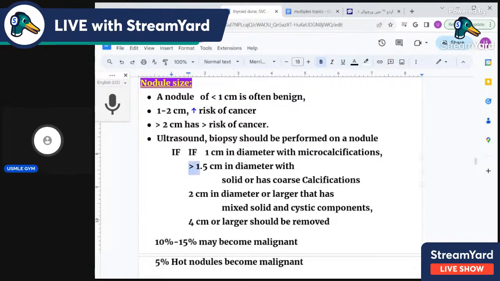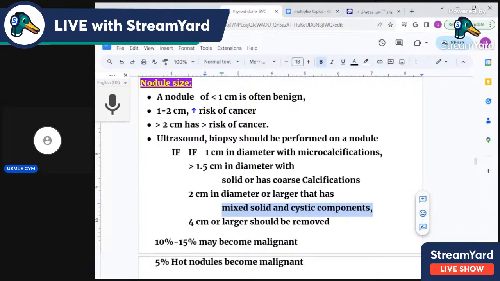Number two, if it's more than 1.5 centimeters and has solid or coarse calcification. Number three, if it's 2 centimeters in diameter or larger and has mixed solid and cystic components.